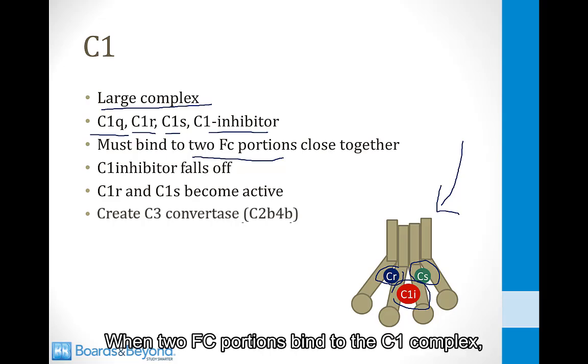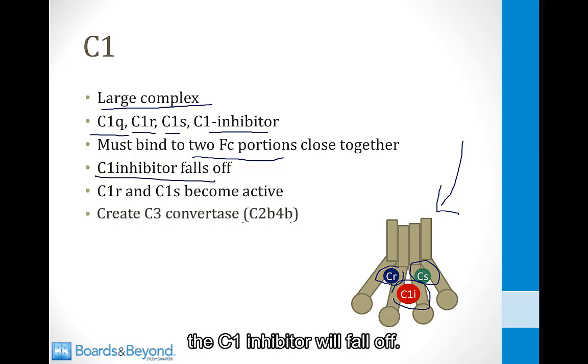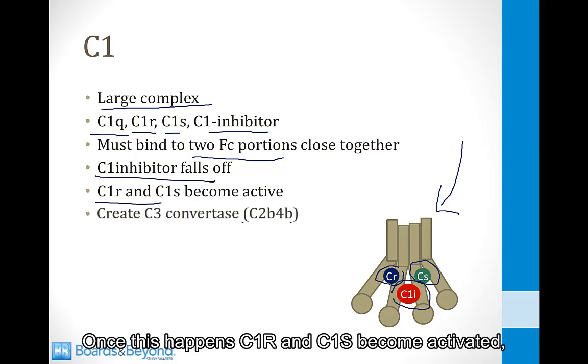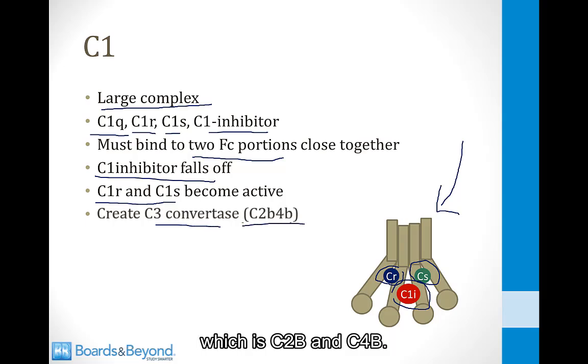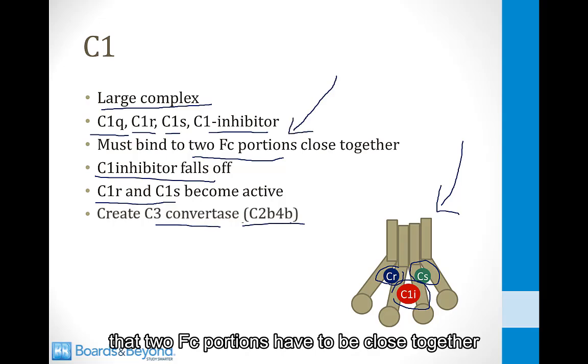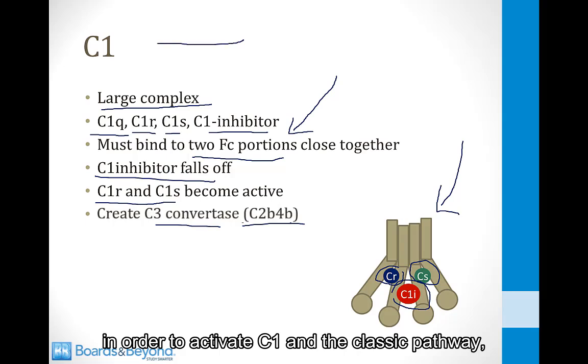When two Fc portions bind to the C1 complex, the C1 inhibitor will fall off. Once this happens, C1r and C1s become activated, and then they will create that C3 convertase, which is C2b and C4b.